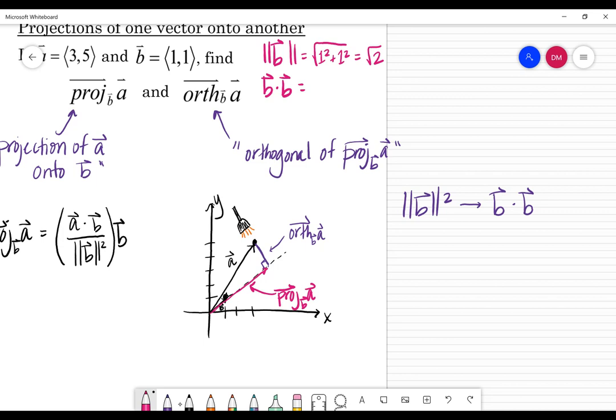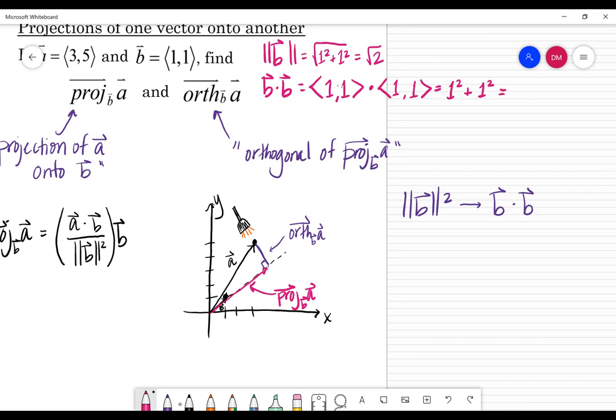remember we are taking 1, 1, and we are dotting it with itself. So I think what you're going to see is we are getting these pieces that are being squared, okay? So if I'm doing 1 times 1 here, I'm getting 1 squared, and remember then we add the other 1 times 1, which is 1 squared, okay?